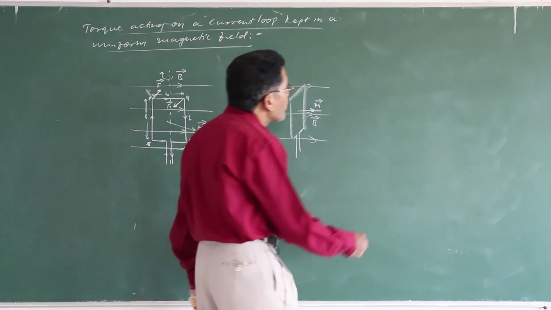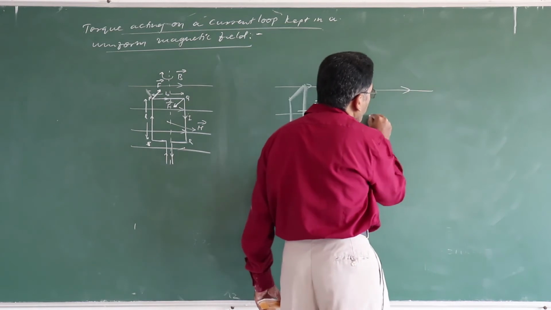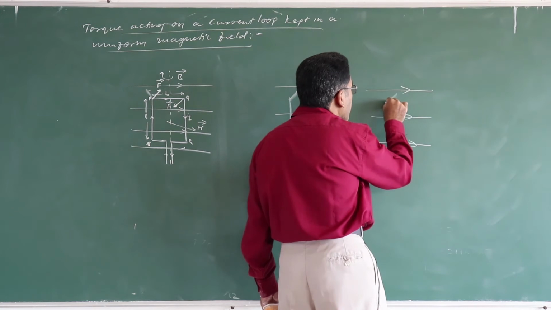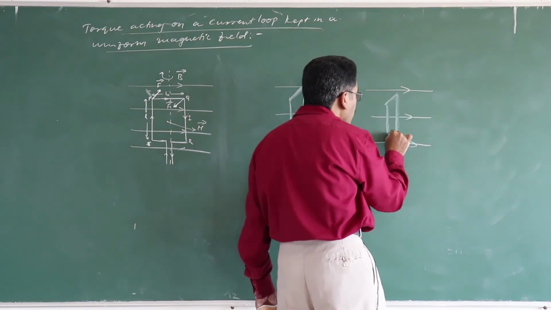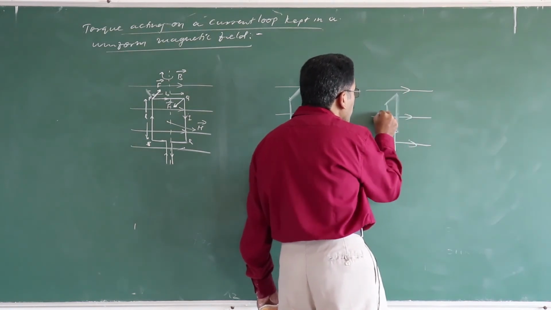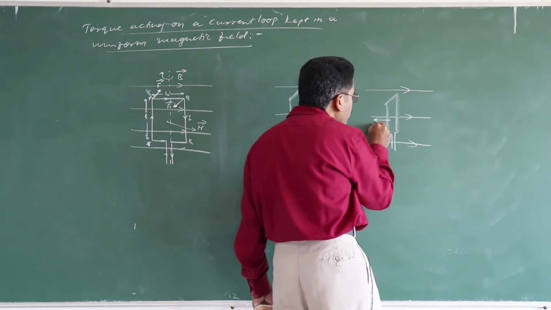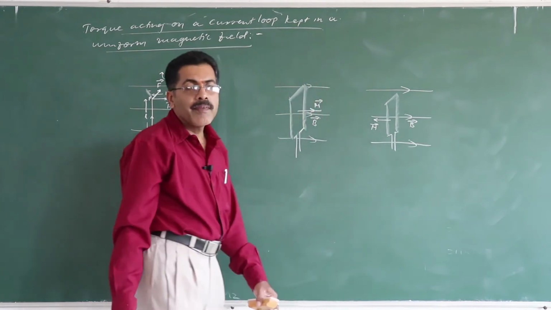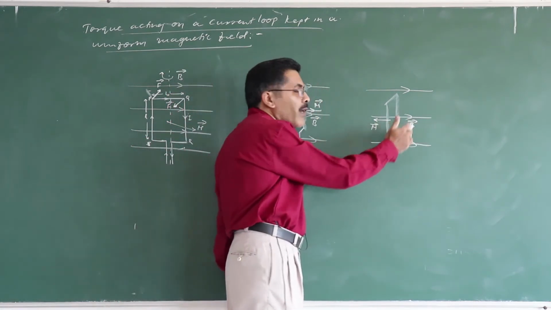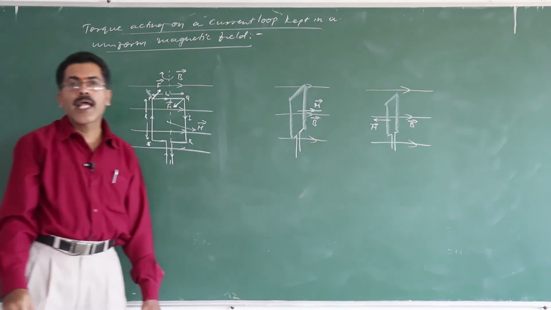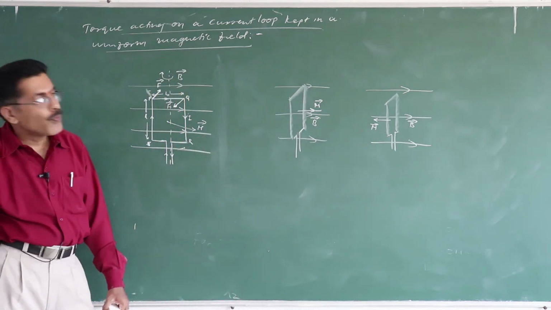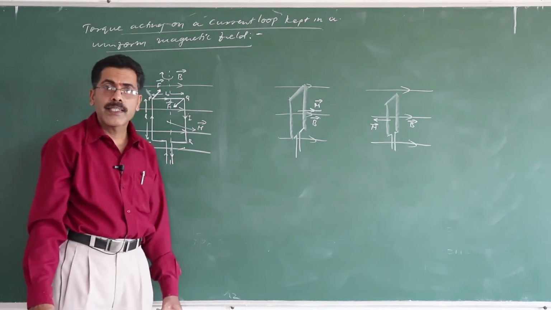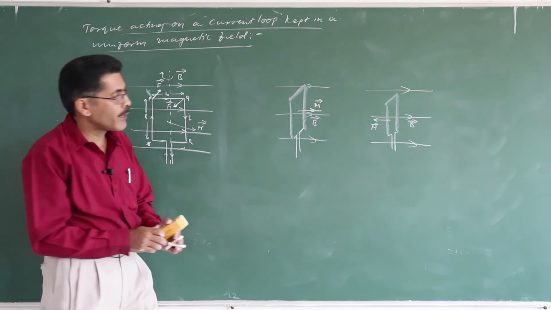On the other hand, if this is the magnetic field and the magnetic moment is acting like this, when these two are anti-parallel, then also the torque acting on it is 0. Only when it is perpendicular to the field direction, it will experience a maximum torque.